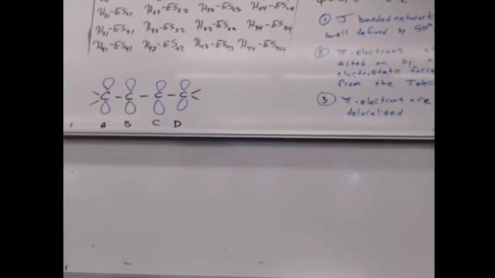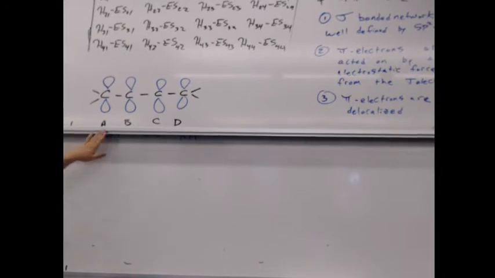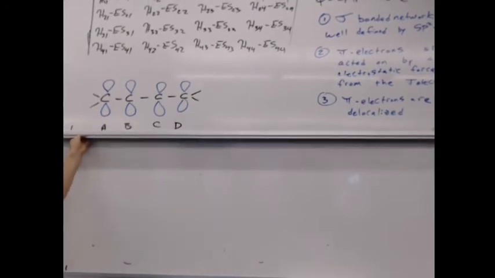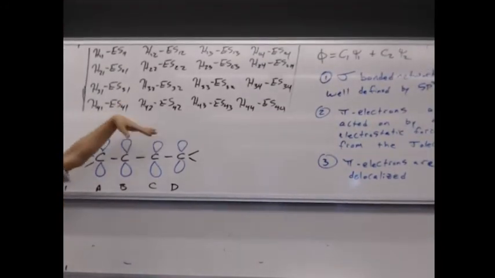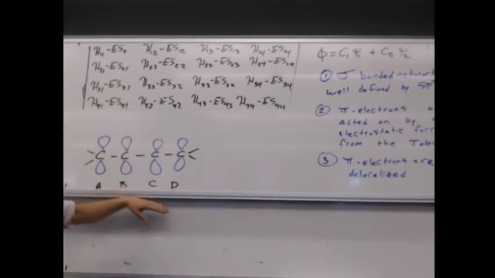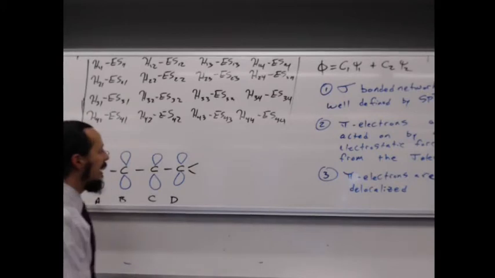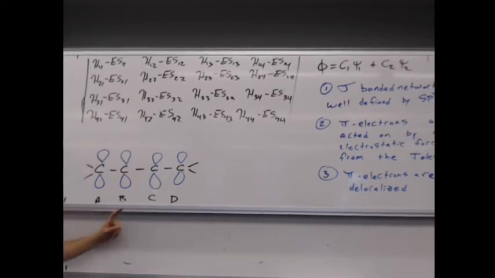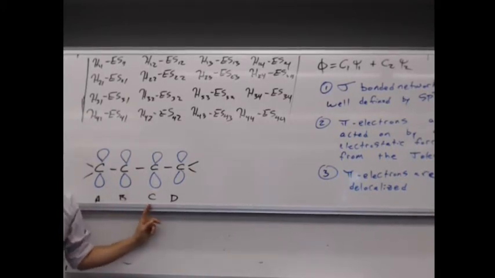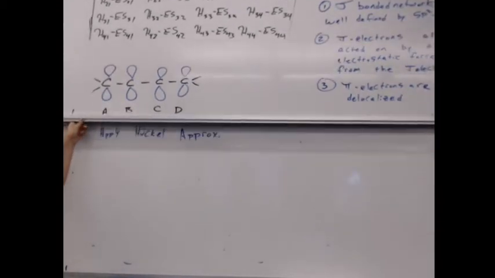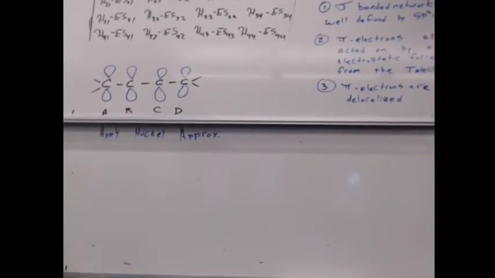So this would be like looking at a 4-carbon system. We're going to label them carbon A, B, C, D. You could also label them 1, 2, 3, 4, but A, B, C, D would be for how we define the size. Psi 1 would be a 2PZA, Psi 2 would be 2PZB, Psi 3 would be 2PZC, and so forth. When we apply the Huckel approximation, a lot of this stuff simplifies.